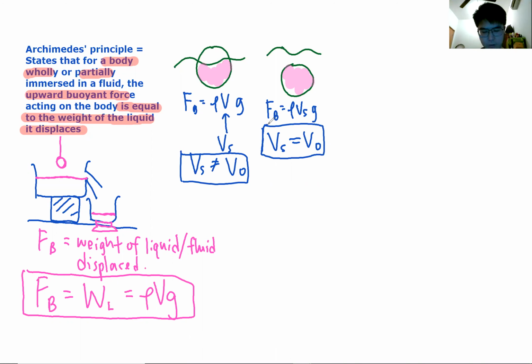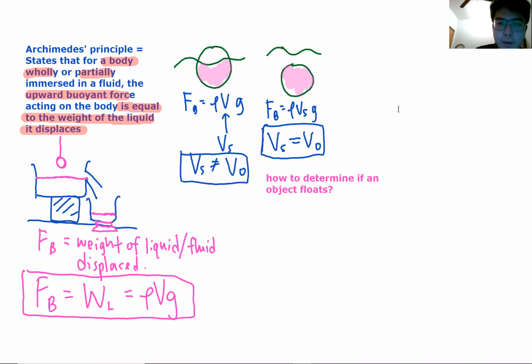Okay, now let's look at the next part. So how do we determine whether an object floats or not? How to determine if an object floats?